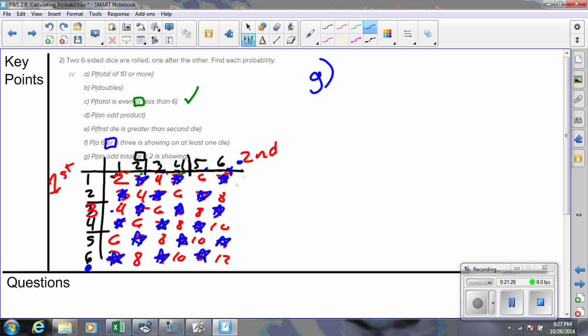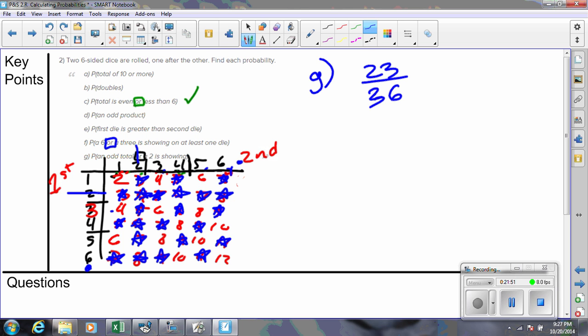Well, a 2 is showing means we got a 2 on one of the dice, so it's this whole row. So we had 18, 19, 20, 21, or this column, 22, 23. Counting it up, we can see that we have 23 out of 36 that would work.